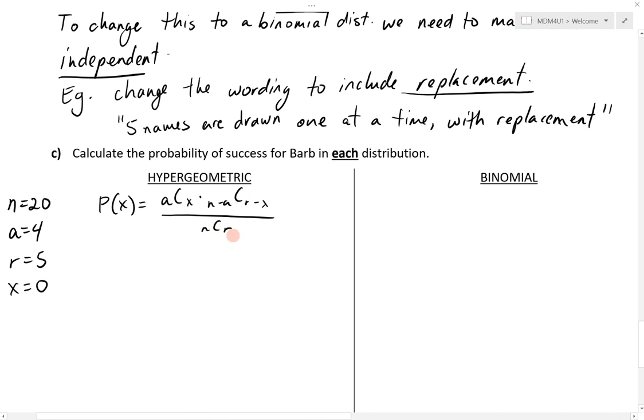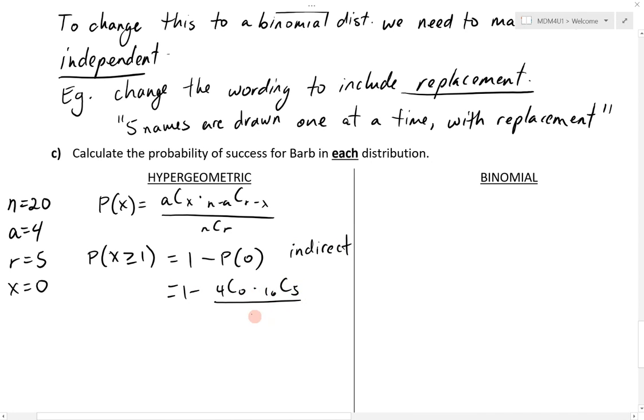Okay, so the probability of having a successful outcome from having one or more of those names is equal to 100%, or 1, minus the probability of having none, of 0. Indirect method, right? So that's going to be 1 minus 4 choose 0 times 16 choose 5 divided by 20 choose 5.